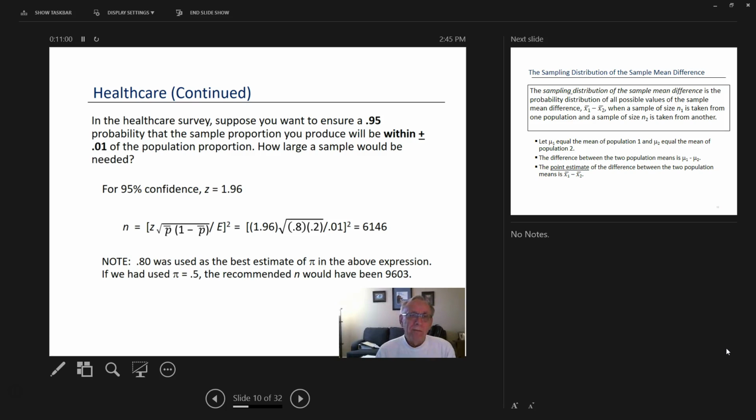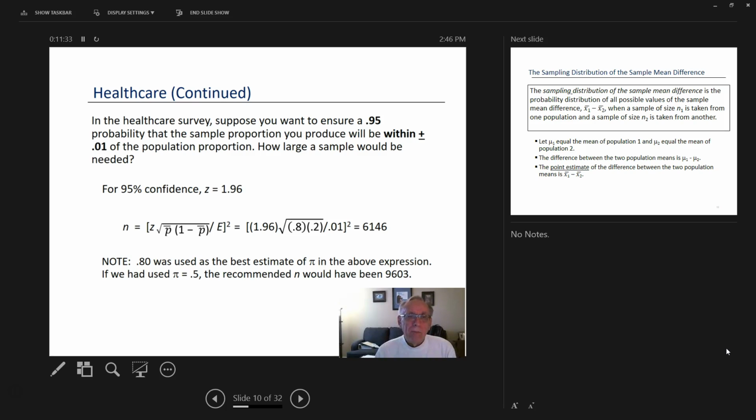95% confidence level. We're going to look at what is n. Putting in the formula, the error rate can only be 1%. That's a small percentage of error. So we're going to have to sample 6,146 people. Change that to pi equaling 0.5 if we don't have p-bar.